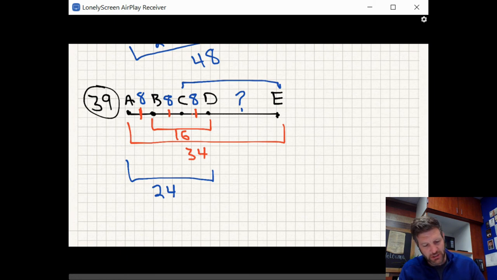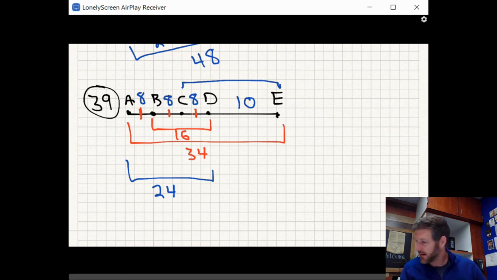And if the whole thing is 34, the difference there is DE. So DE must be 34 minus 24, which is 10. Now I know the length of every segment. AB is 8, BC is 8, CD is 8, and DE is 10. If I add those all up, it is 34, so I'm within the facts they've given me.